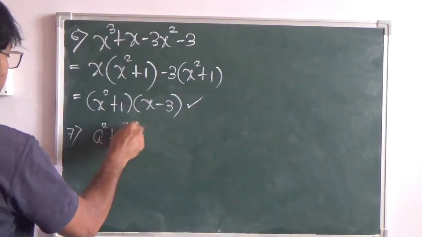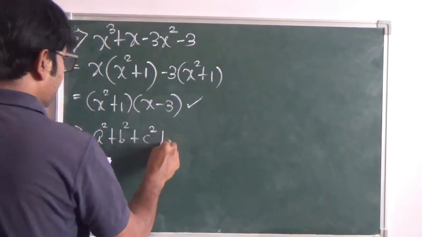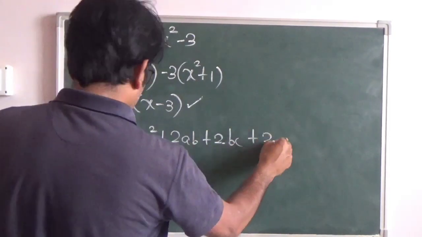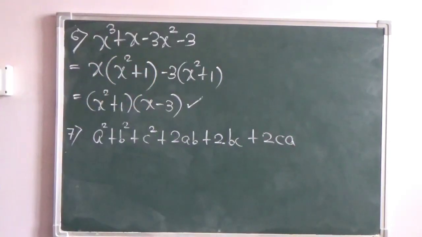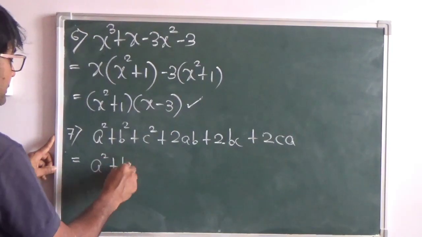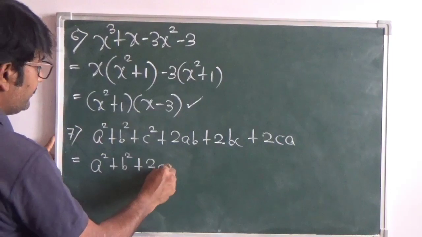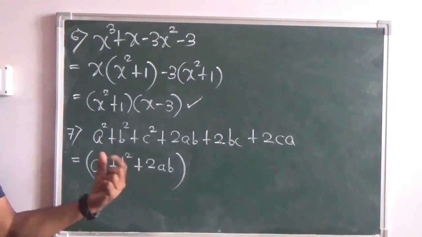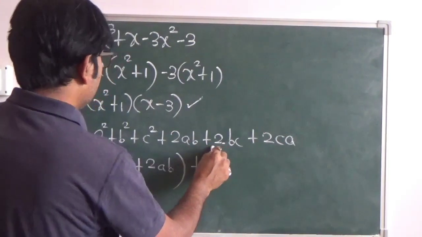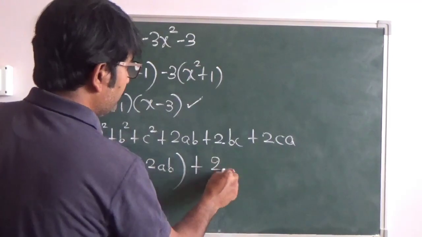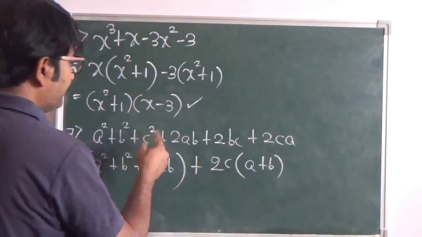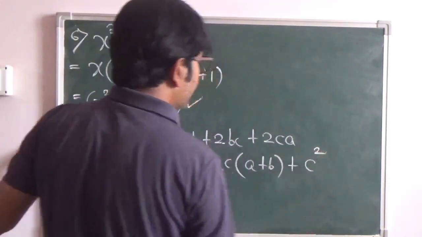So it is number 7. a square plus b square plus c square plus twice ab plus twice bc plus twice of ca. Now let us see how we can proceed. It is a square plus b square plus 2ab. If you group this, it becomes (a plus b) whole square. Now here, if you take 2c common from these two, we will be left with a plus b, and from here c square.